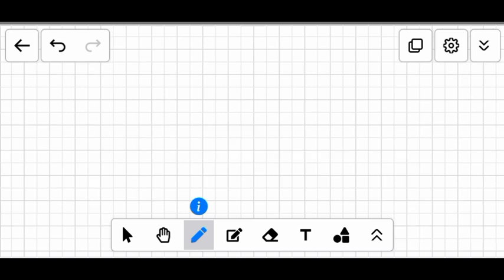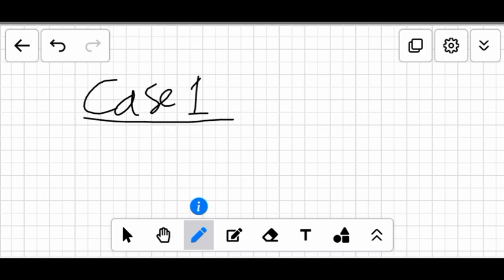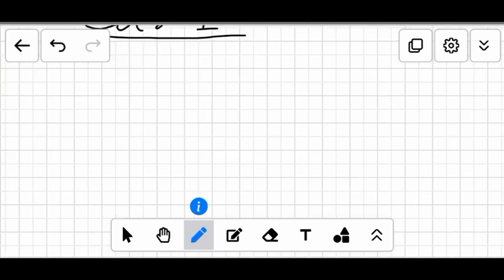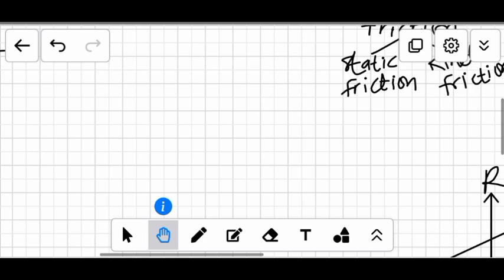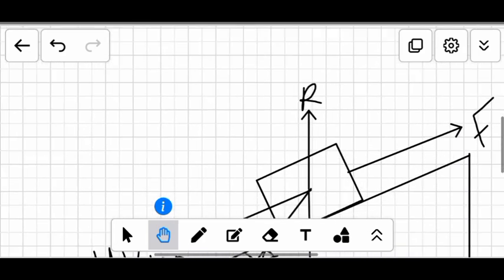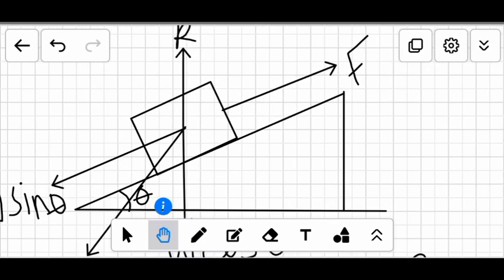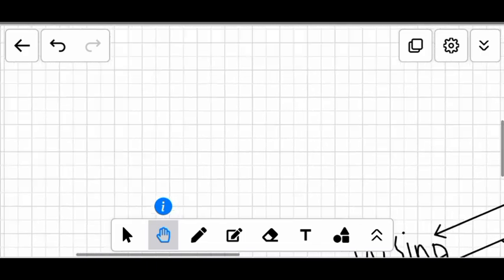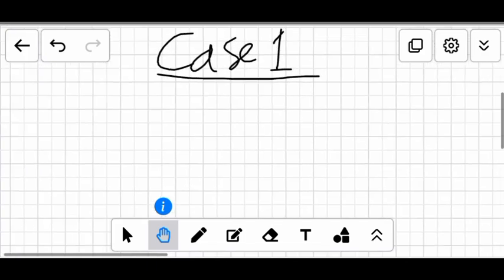So making the body stationary is case 1. To make this body stationary, I must add an extra force. One thing you need to understand is that this frictional force is relatively small compared to W sine theta. So in order to find the extra force that I'm going to add to make the body stationary, I only need to know the difference between W sine theta and the frictional force.